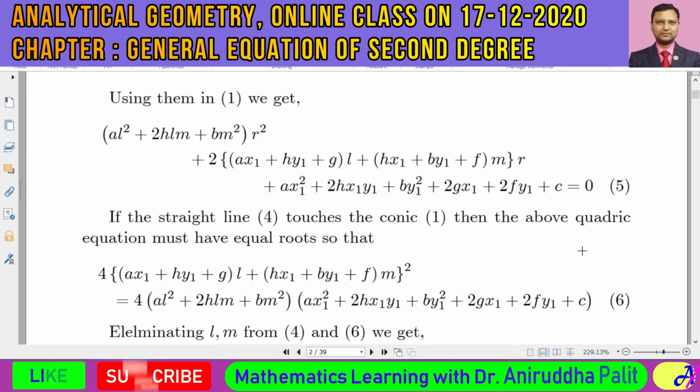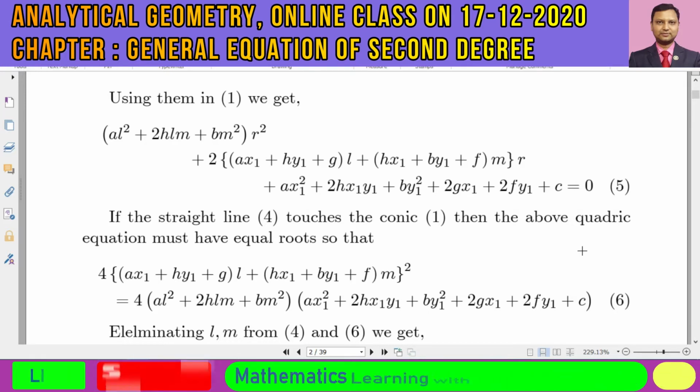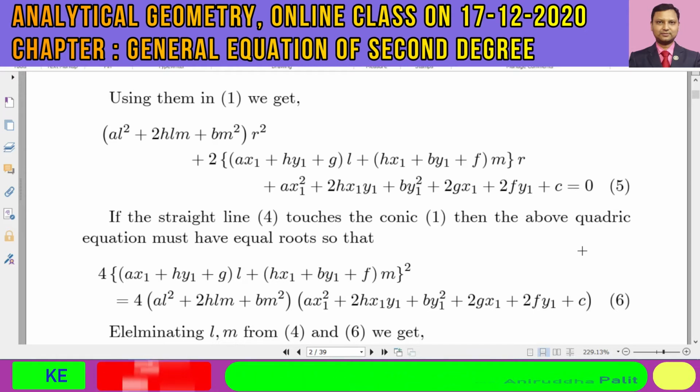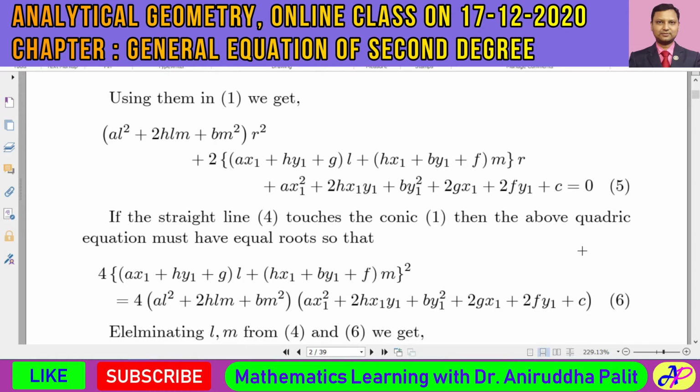So we apply the formula B square minus 4AC equal to 0, which means B square must be equal to 4AC. That is actually the vanishing of the determinant. If the determinant becomes equal to 0, then B square must be equal to 4AC. So what is B over here?